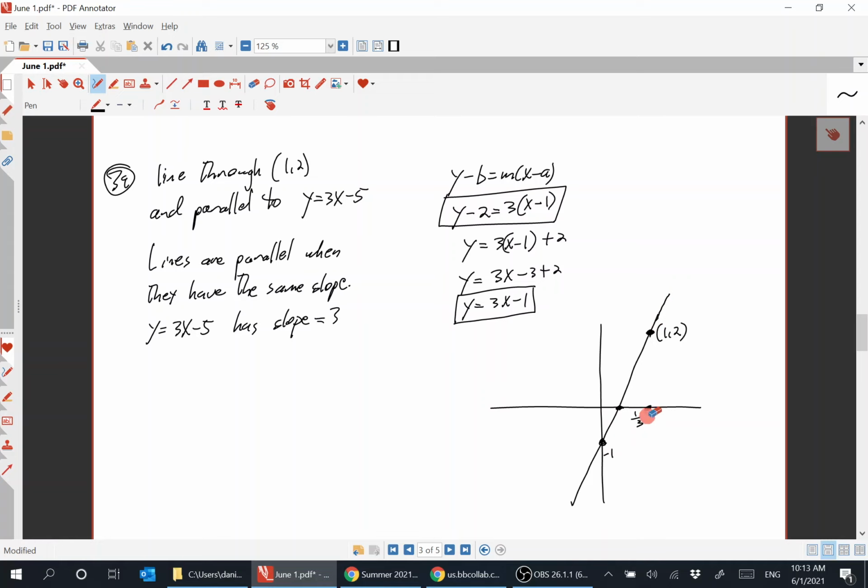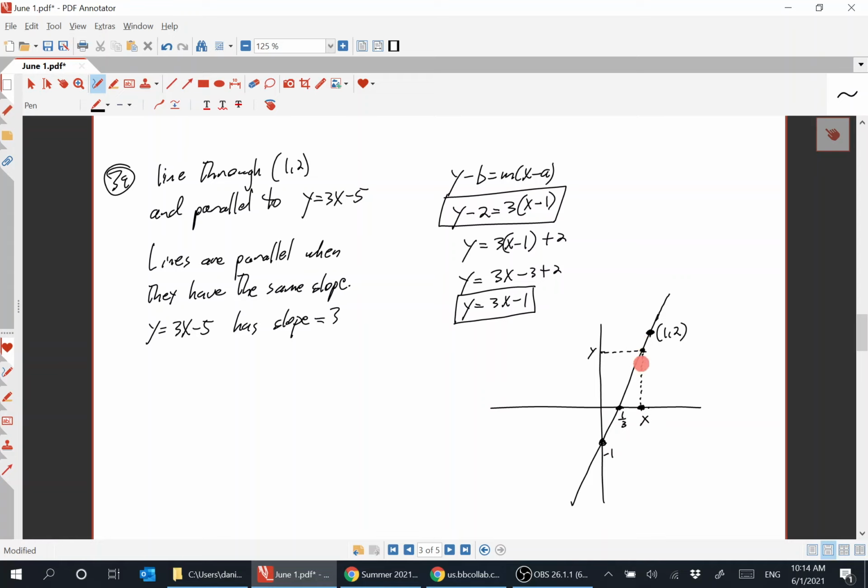Now, for any other (x, y), so if this is some x, and you go straight up or straight down to the line, and then you touch the line here, and then here is the point on the y-axis that you get by traveling horizontally.